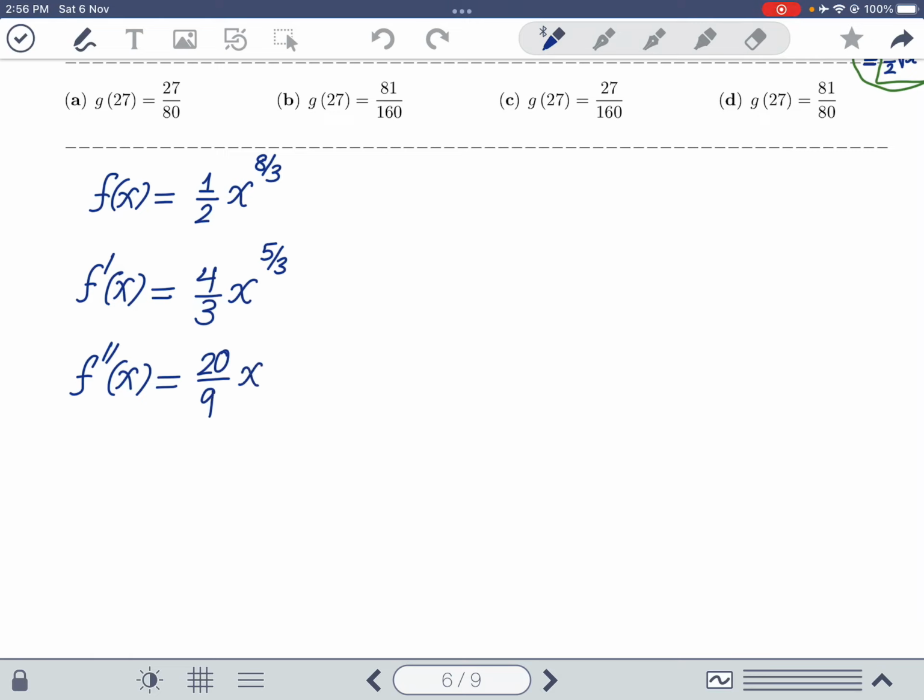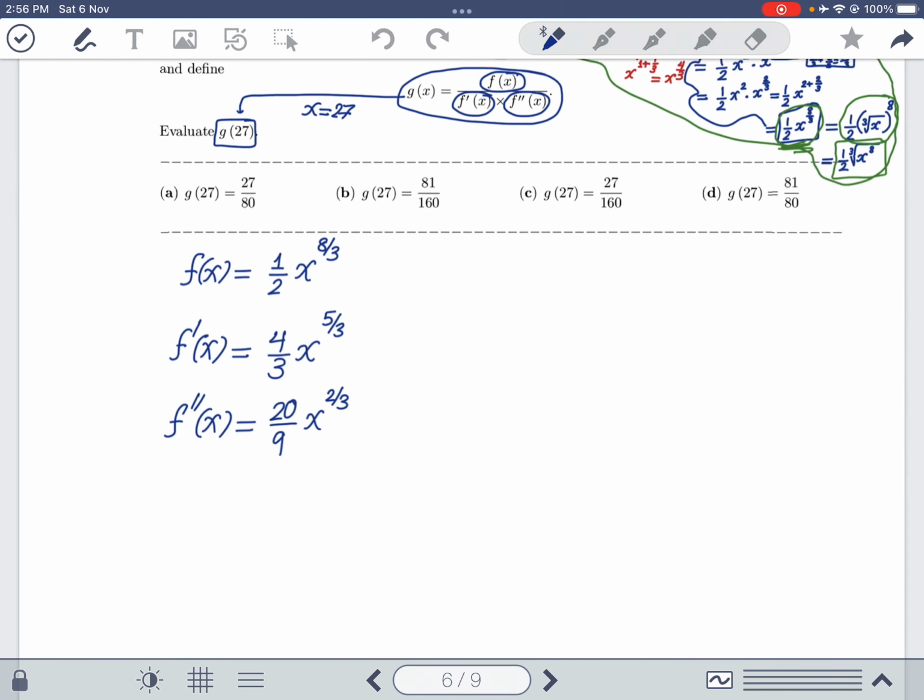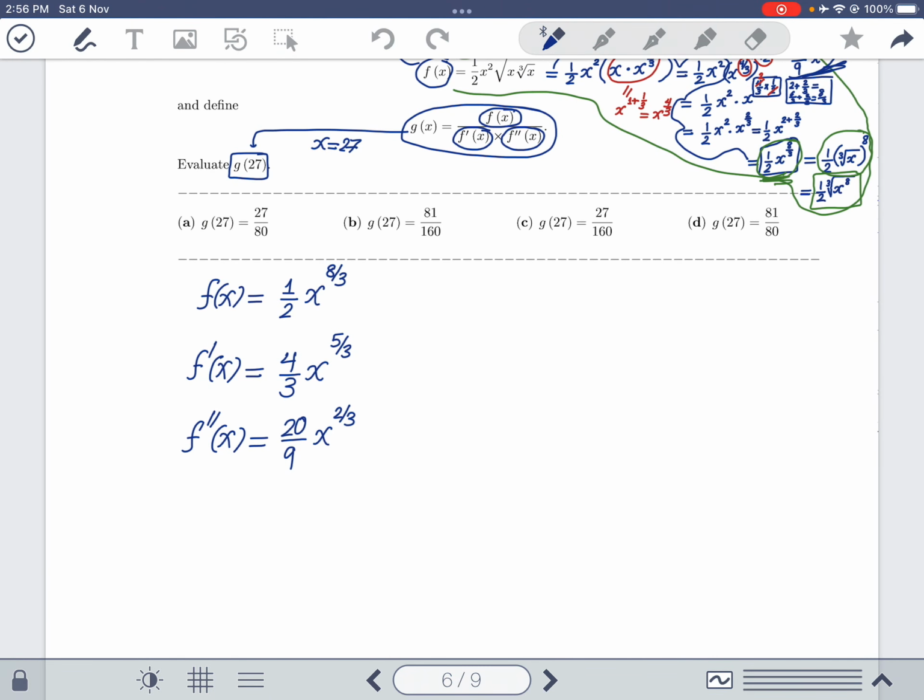20/9 x to the 2/3. Notice that all of them... well, why am I doing this? I will tell you now. They want g of 27. So notice that g of 27 will be just f of 27 over f prime of 27 times f double prime of 27.